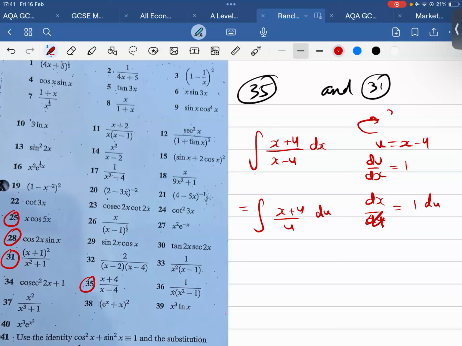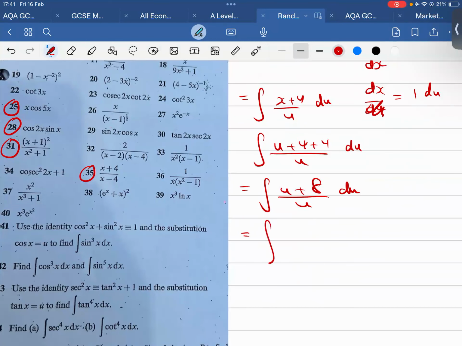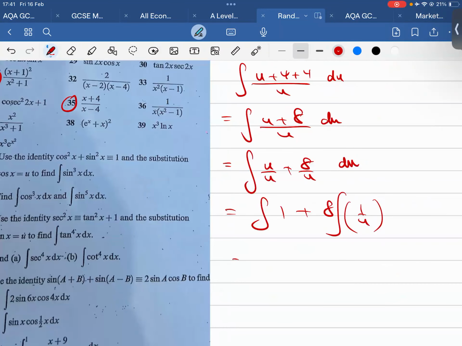So x equals u plus 4. So we get u plus 8 over u, which is u over u plus 8 over u, which is integrate 1 plus 8 times 1 over u, which is u plus 8 ln u plus c.